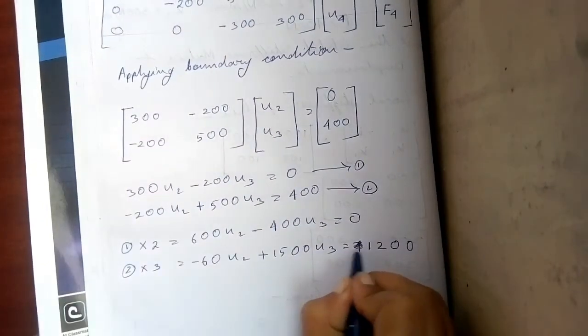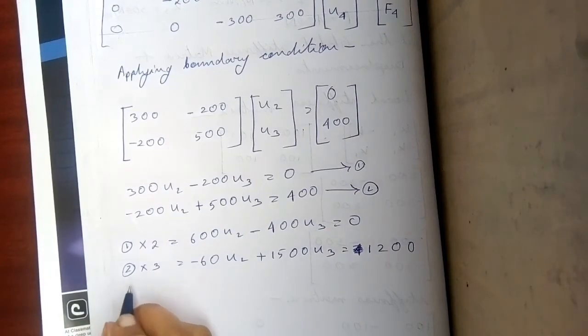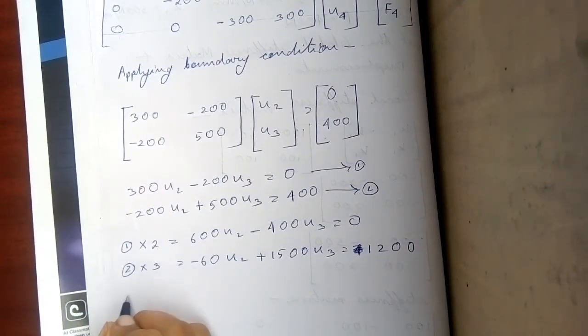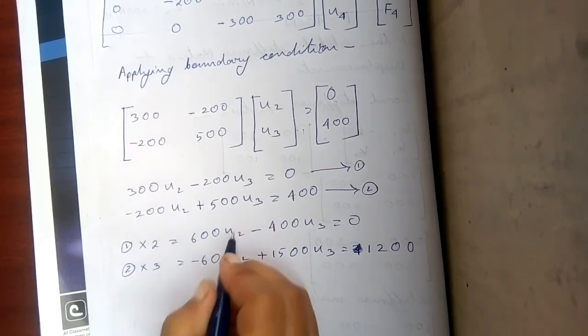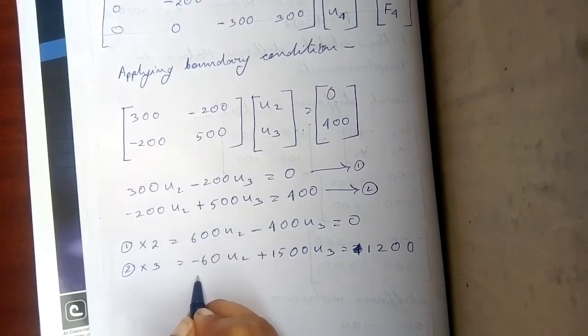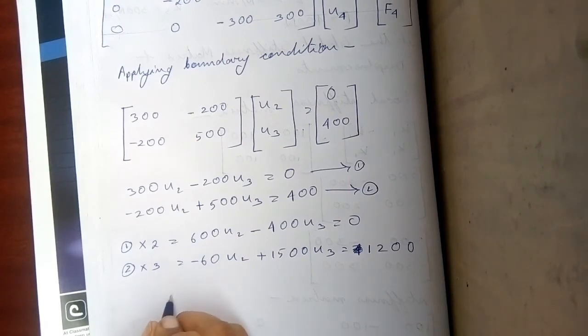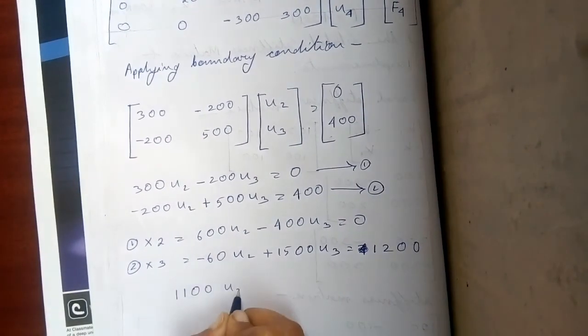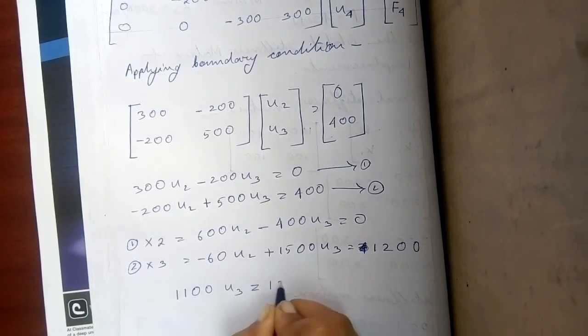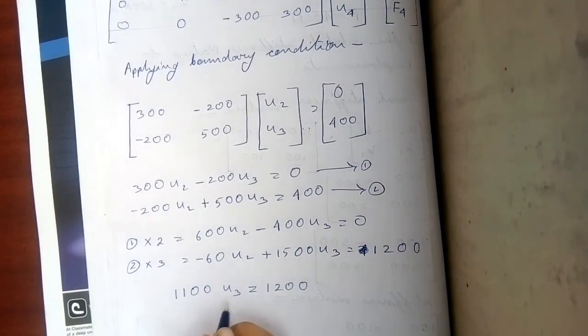And now adding these two equations, what we found is plus 600 U2 and minus 600 U2 will be cancelled out, and this will be 1100 U3 equal to 1200.